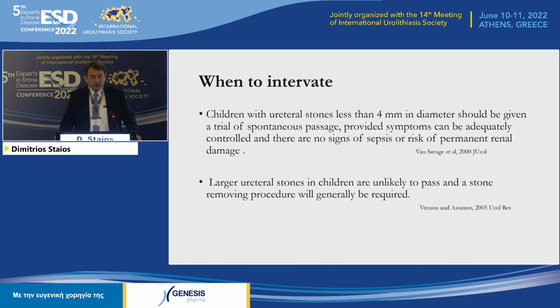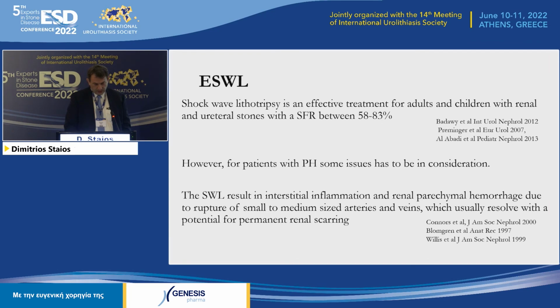Now, when to intervene? We intervene in children that have stones that are less than 4 millimeters, that have symptoms that cannot be controlled, or they have signs of sepsis, or they have risks of permanent renal damage. Of course, larger stones need to be taken care of.